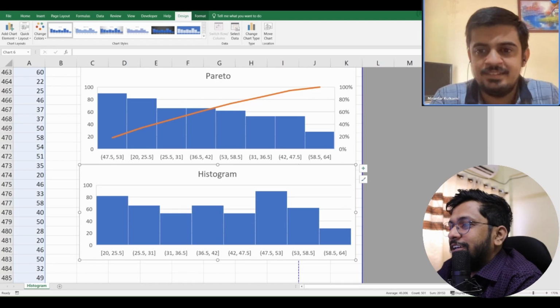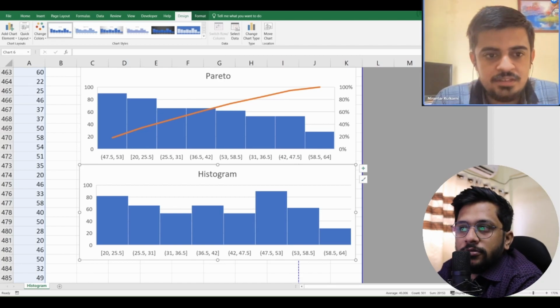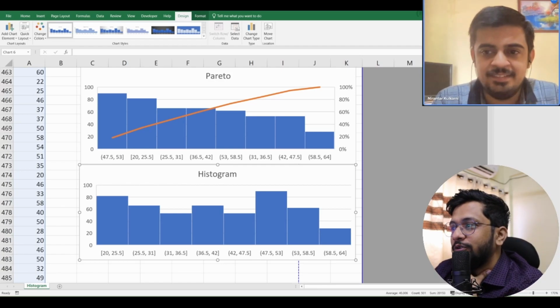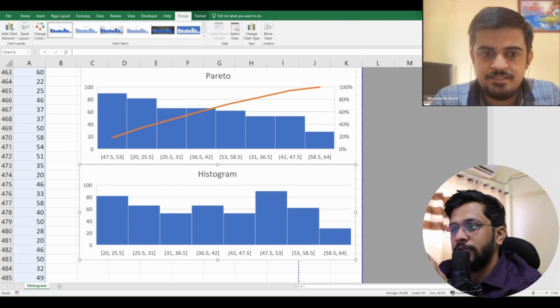Okay, so let's read the x-axis first. Maybe you will catch up. Try to read the x-axis. Okay, the bin size. What about bin size? No idea. Okay, so if you see, bin sizes are the same. The intervals are all fine, but if you see the sequence, there is a difference.